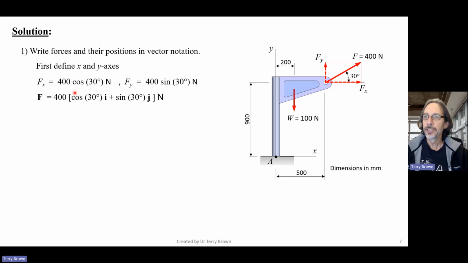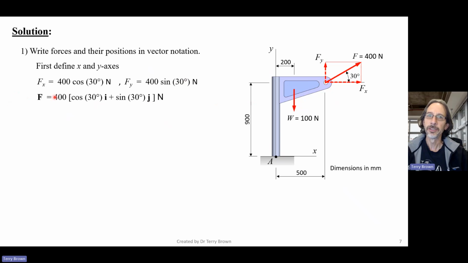Once we have these components in the x and y direction, they are just scalars multiplied by the unit vectors. So we have 400 cos 30 times the unit vector i in the x direction, and then we have 400 sin 30 times the unit vector j in the y direction.